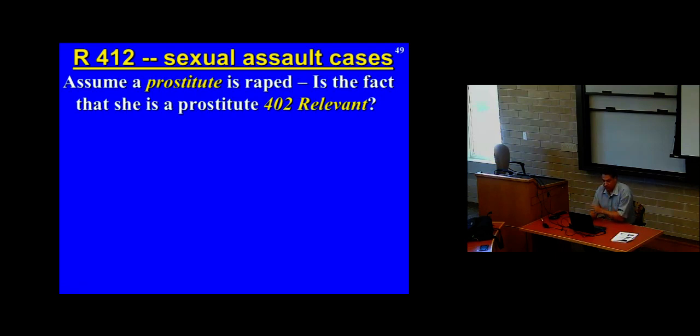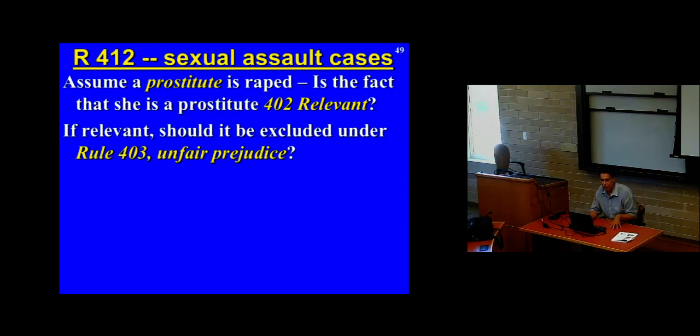This is often given as an example. Let's say a prostitute is raped. Is the fact that she is a prostitute relevant? Now, it used to be, before we had these rules, that some judges would find that that is relevant, that maybe it was consensual, that maybe the defendant didn't mean for it to be a sexual assault.